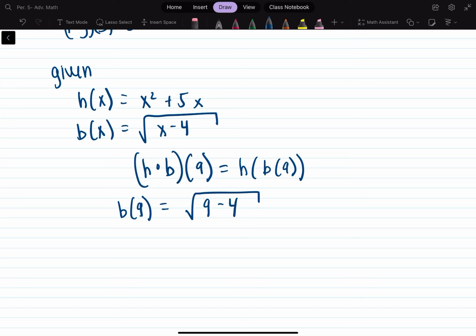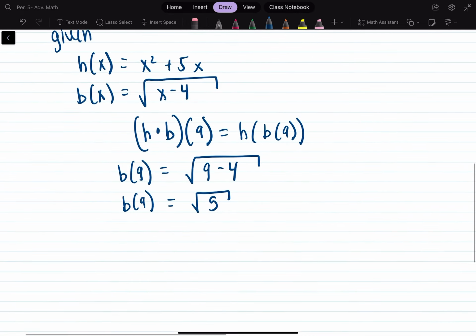And the square root of 9 minus 4 is equal to the square root of 5. Now, since that's not a perfect square, let's just leave it as the square root of 5. So b of 9 is equal to the square root of 5. And like I said, since that's not a perfect square, let's just leave it in radical form like that.